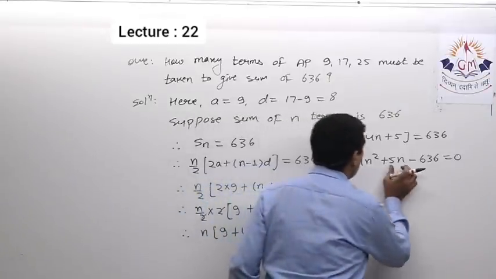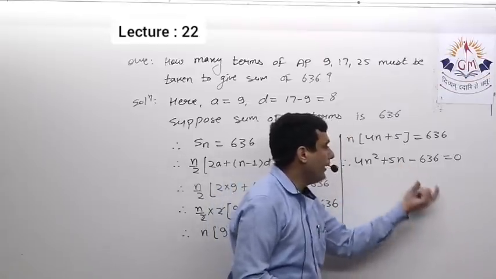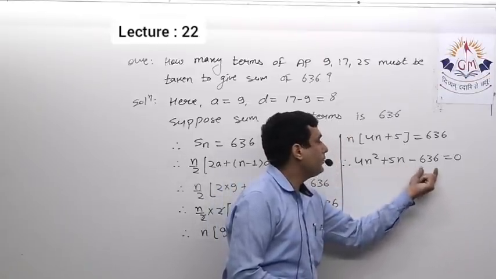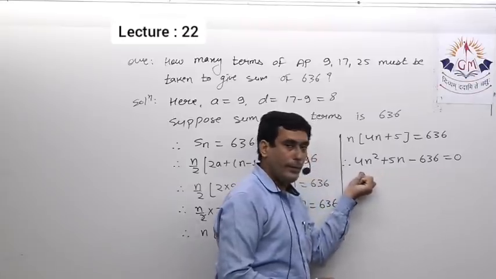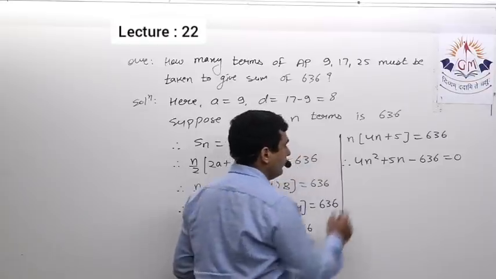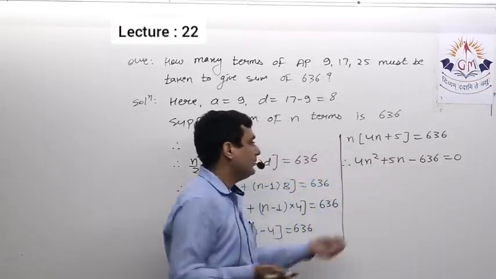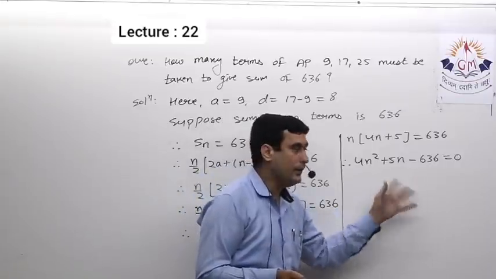See here, to split the middle term, what we have to do? We have to find the factors of this constant term multiplied by this 4, that is the coefficient of n square. Rather than multiplying and then finding factors, it's better to find their factors individually.